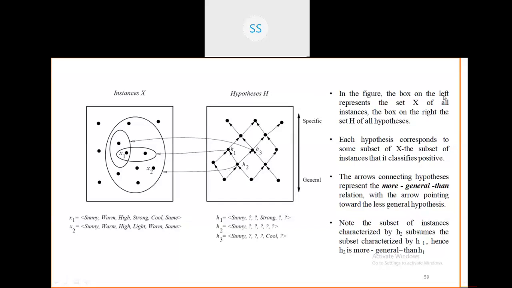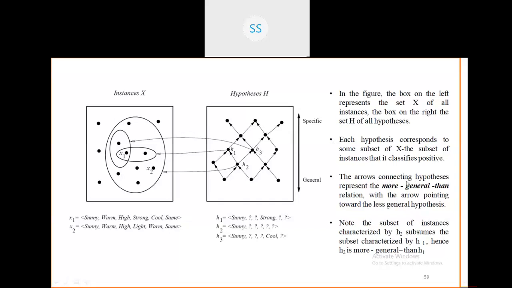In the figure, the box on the left represents the set X of all the instances. The box on the right is a set of all the hypotheses. Each hypothesis corresponds to some subset of X, the subset of instances that it classifies as positive.